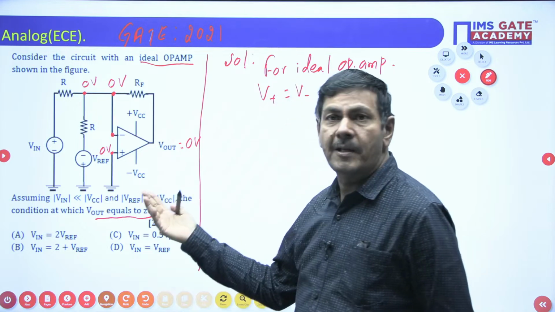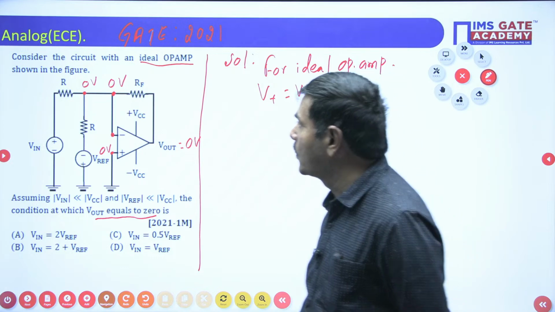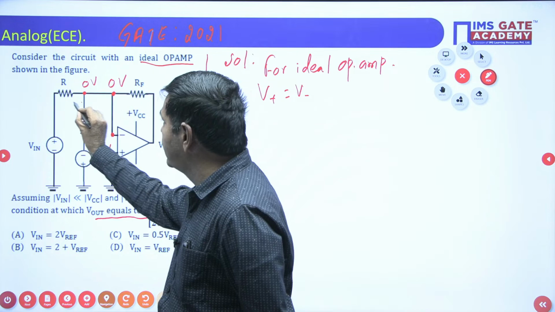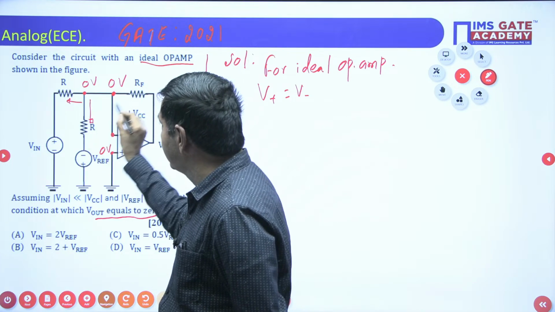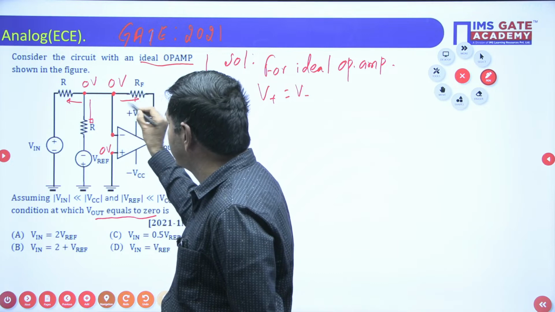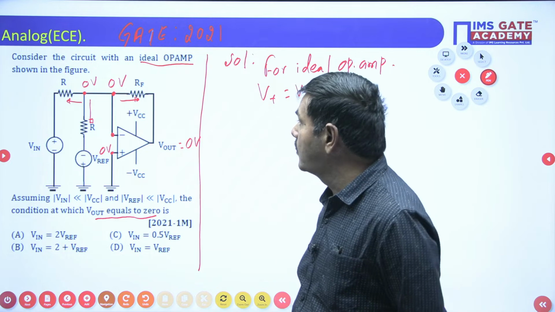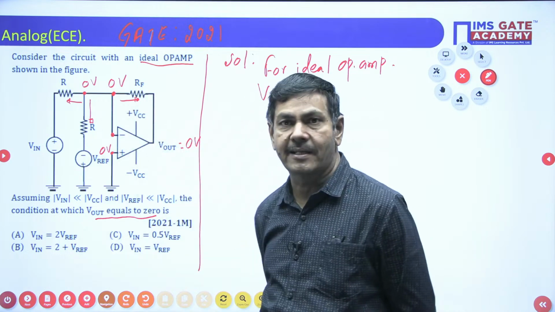It is better to apply nodal analysis. By using nodal analysis, very easily you can get the answer. These two are nothing but a single node. This current plus this current plus this current equals 0. You should not say, sir, what about the current through the negative terminal? It doesn't flow any current.